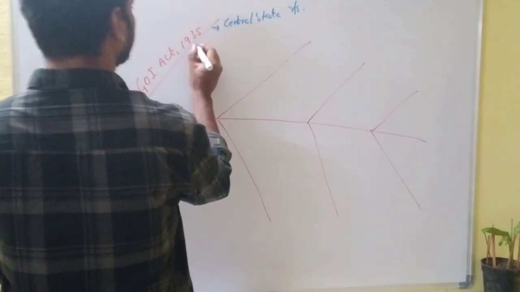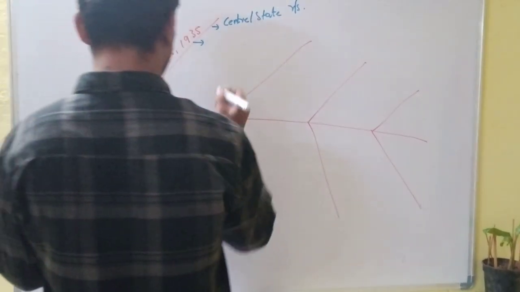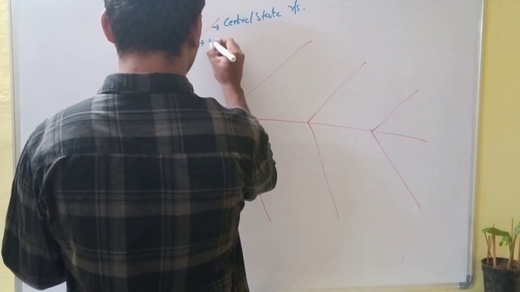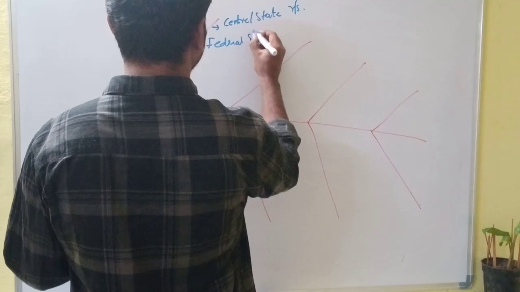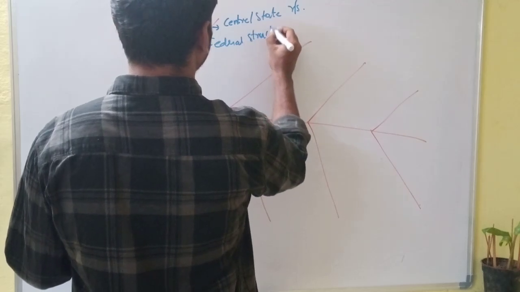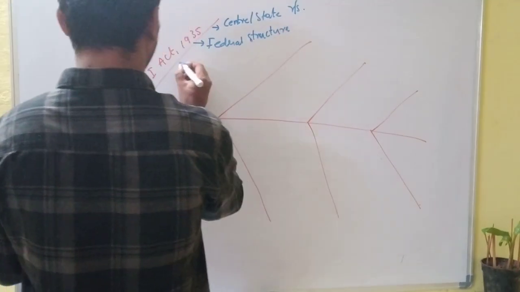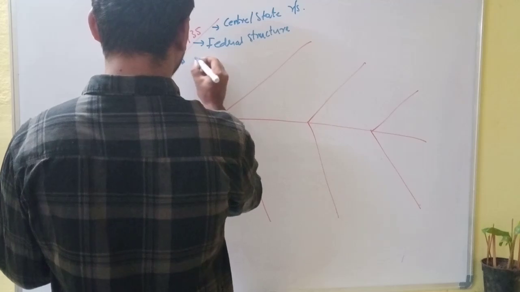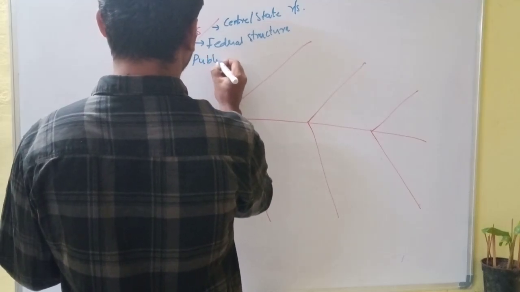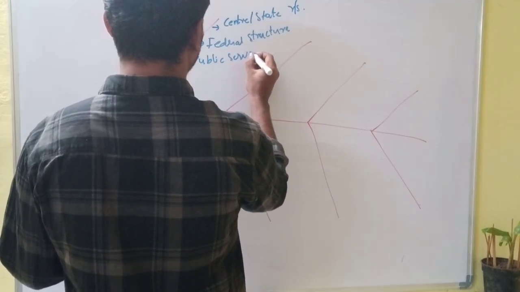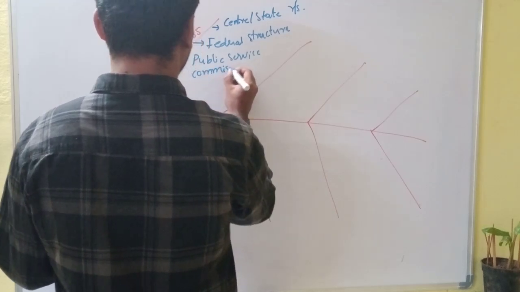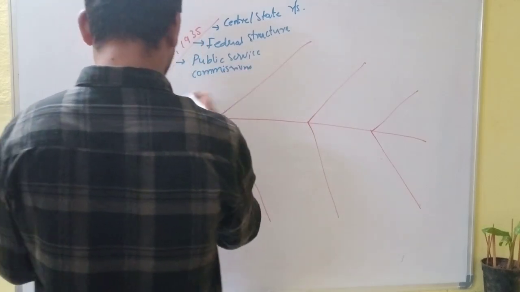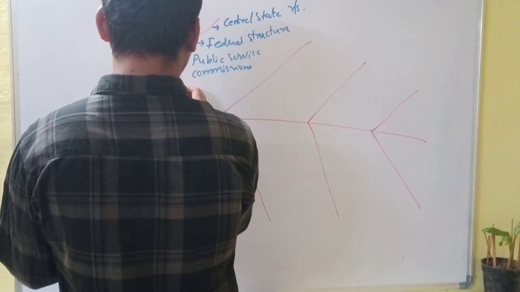Another one is federal structure. And public service commissions. And administrative affairs.